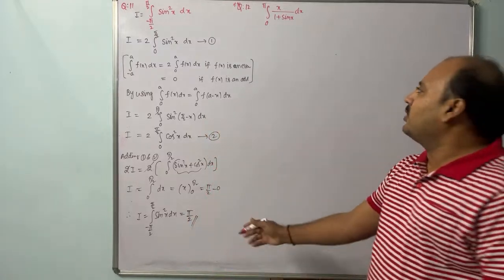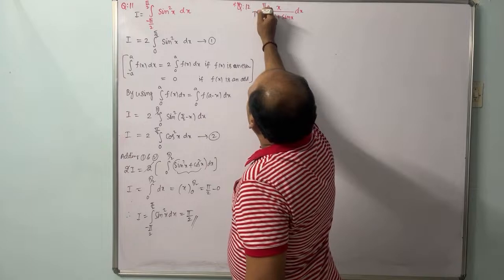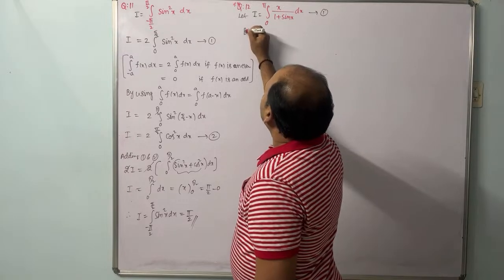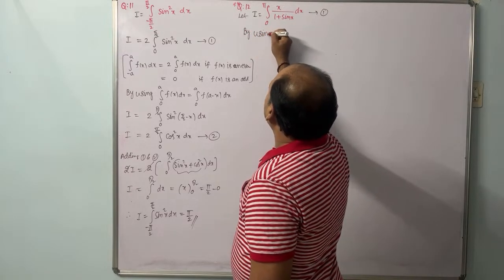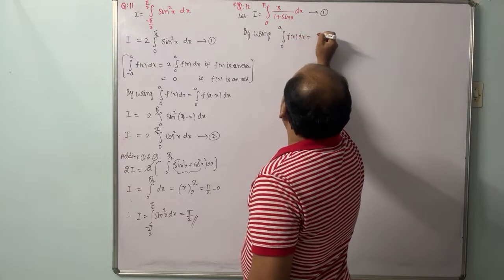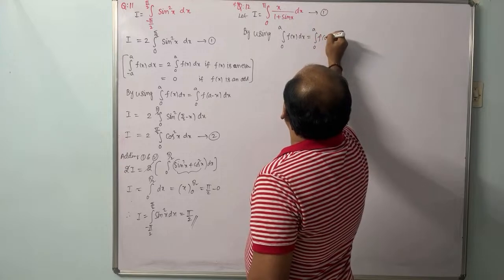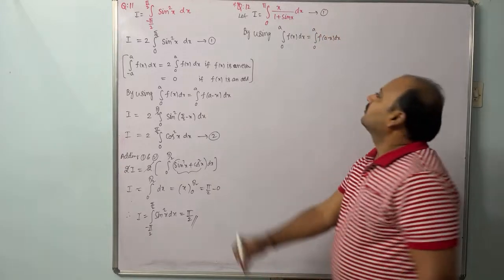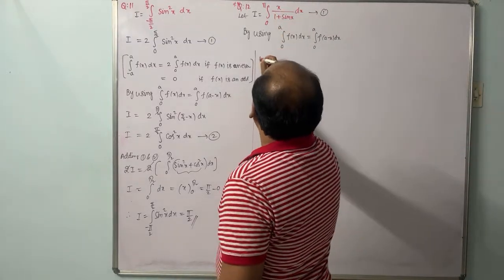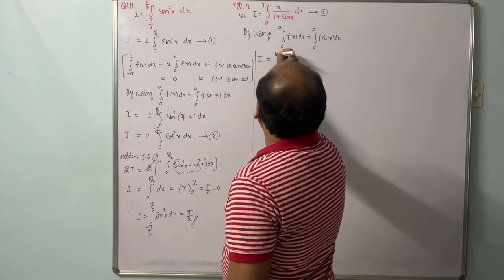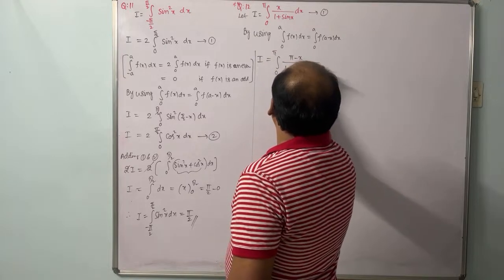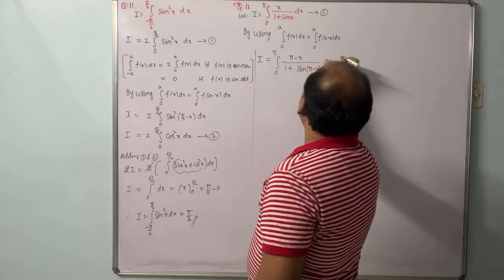Okay, students, we'll move on to our question. Let us consider the given integral as I. Keep that as equation number 1. By using the integral from 0 to a of f of x dx is equal to the integral from 0 to a of f of a minus x into dx, by using this procedure, I equal to the integral from 0 to pi of pi minus x divided by 1 plus sine of pi minus x into dx.